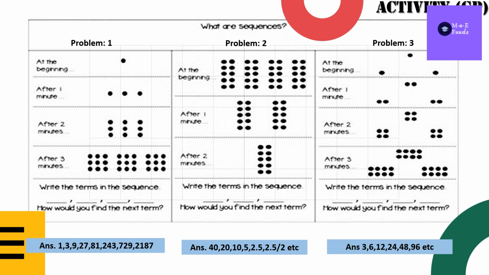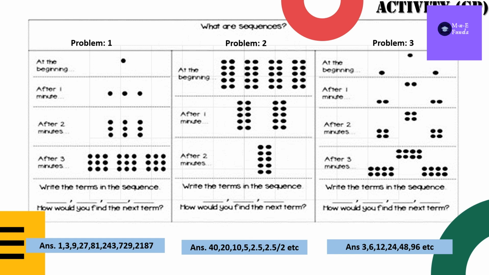So the series is like this: 1, 3, 9, 27, 81, 243, and the constant common ratio is 3, because term 2 is 3 and term 1 is 1. So 3/1 is 3, the constant common ratio.